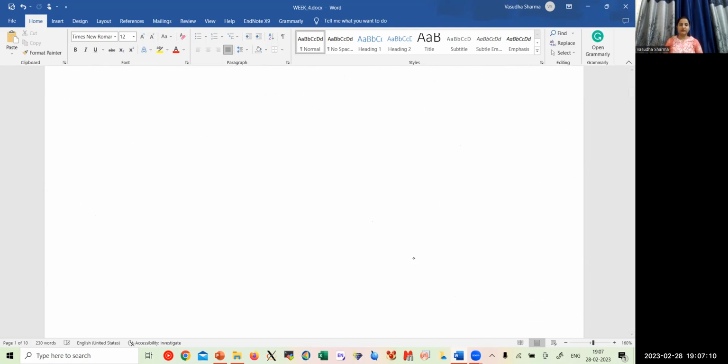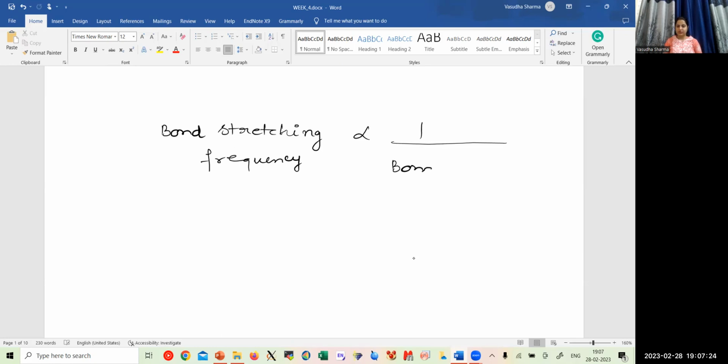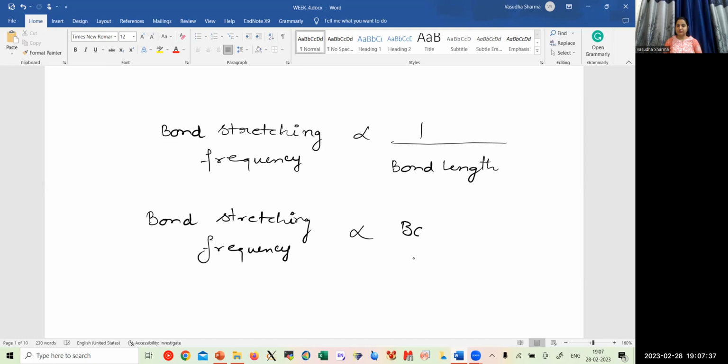Also, we can relate it: the bond stretching frequency is inversely proportional to the bond length, and the bond stretching frequency is directly proportional to the bond angle.